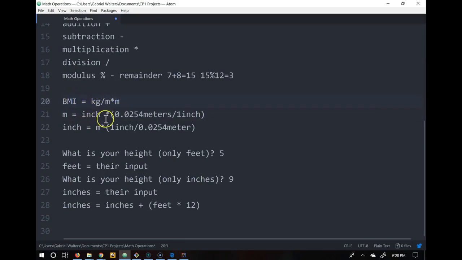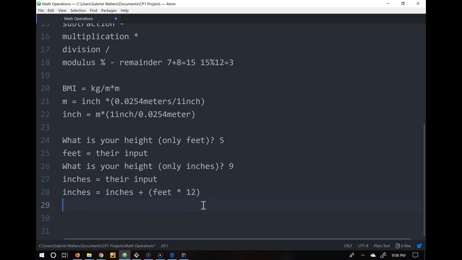I could do the same thing with kilograms, asking them the weight. You could also, here's another way that you could do it. Instead of having to do all of this conversion, which I think it's good practice for you to get used to, because we can take our original variable, tack stuff onto it, do some math onto it, and reassign it back.